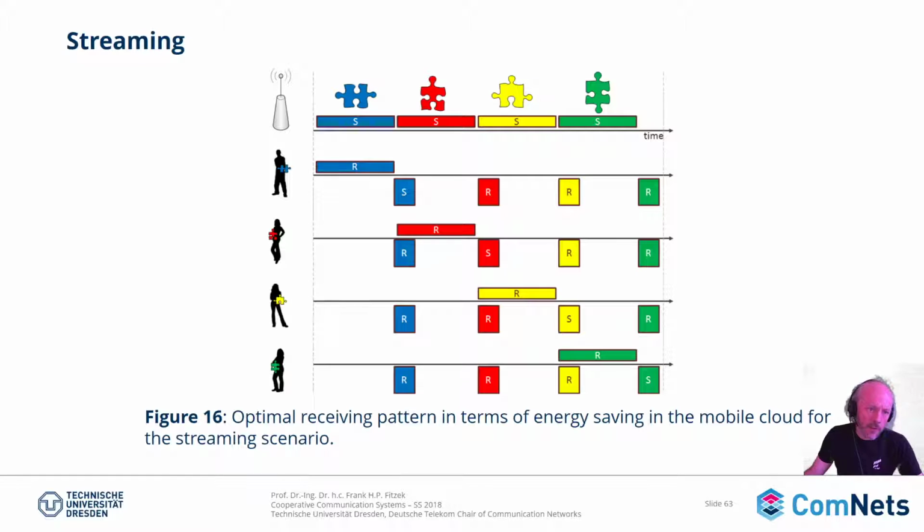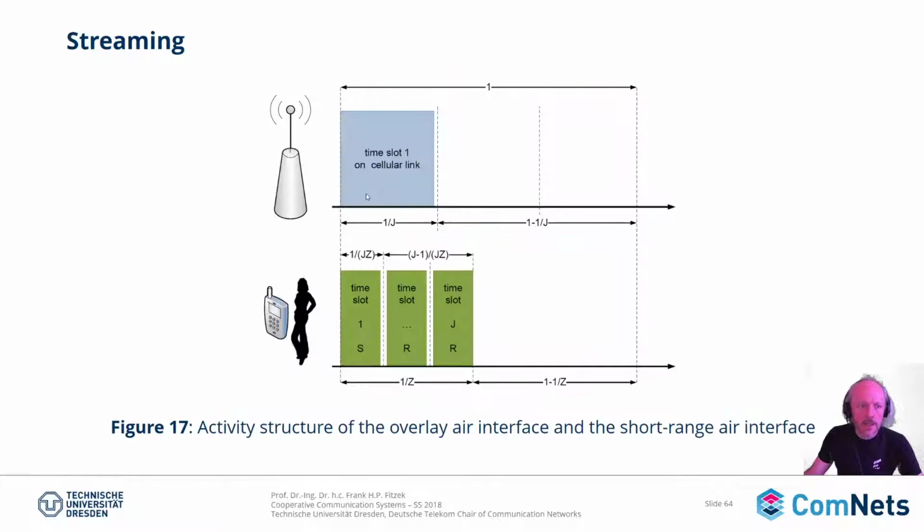This is a little bit different than before, because what you see now is there are a lot of idle times that you as a user have, right? So now if you assume over the time unit 1, the whole streaming content for a cooperative cluster of size j will be disseminated. 1 over j is the time I'm really receiving. 1 minus 1 divided by j is the time I'm idle.